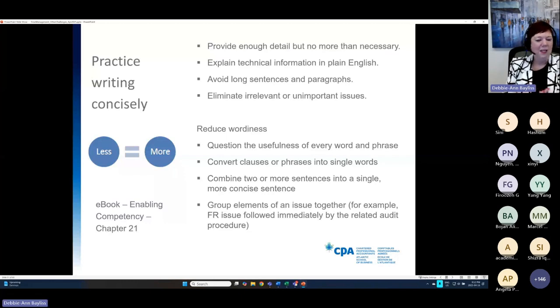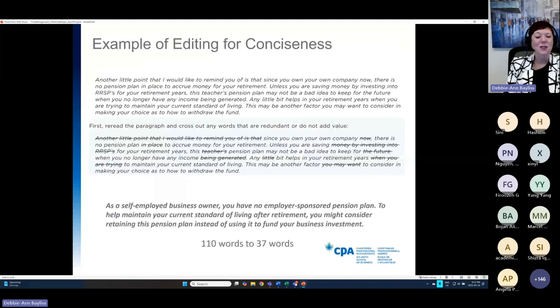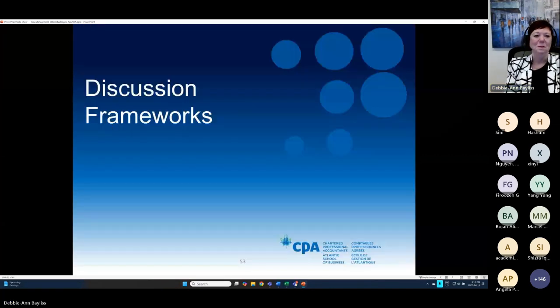Instead of a paragraph, can you say it in one or two sentences? Here's an example from the Enabling Competency book. Here's a response with all the wording crossed out: from 110 words to 37. This also saves you valuable time.